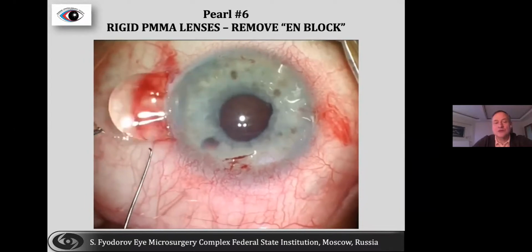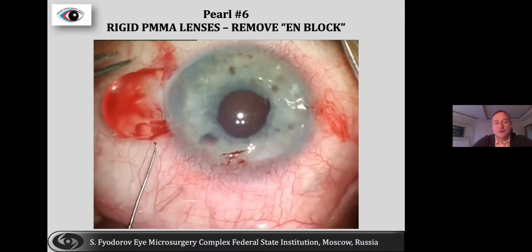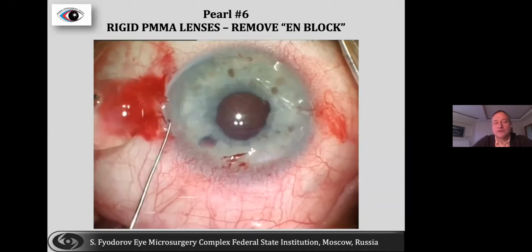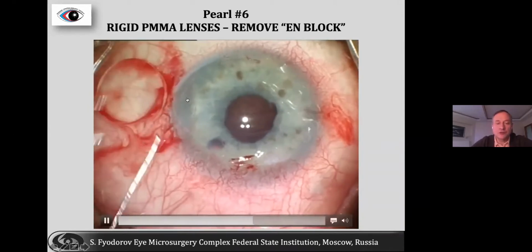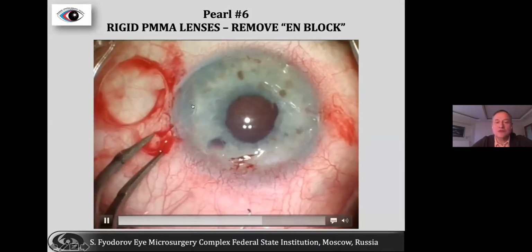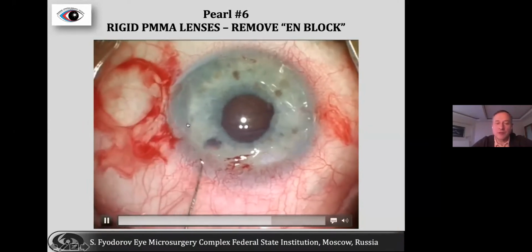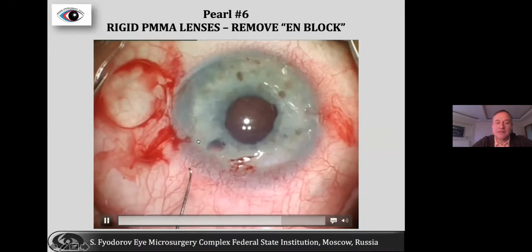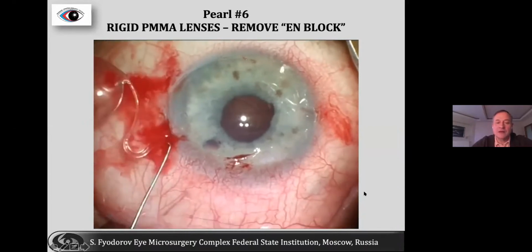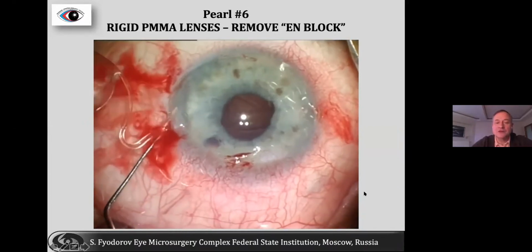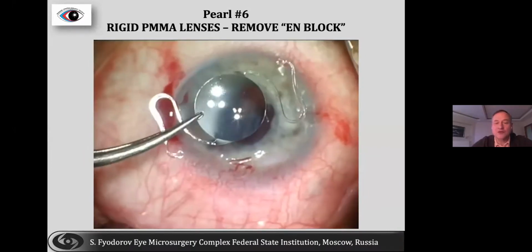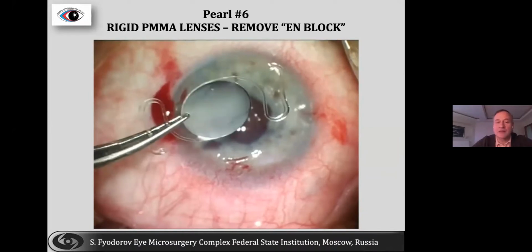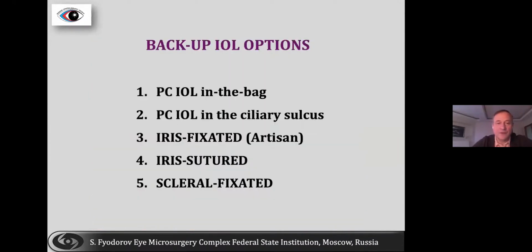It's not easy to cut it, so I do prefer to remove these lenses as a whole, but you have to be sure that the lens will not get stuck on the internal lip of the incision, which happened here. So you have to depress the incision a little bit in order to release this optical element to take it completely out of the eye.